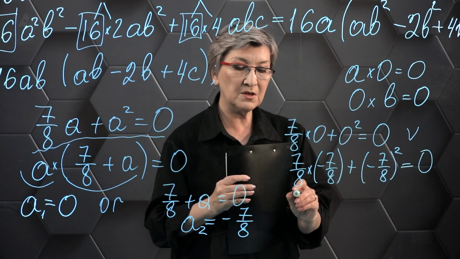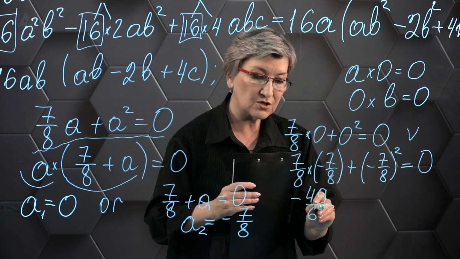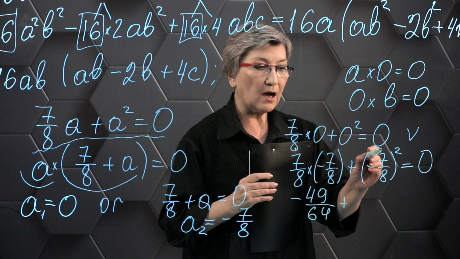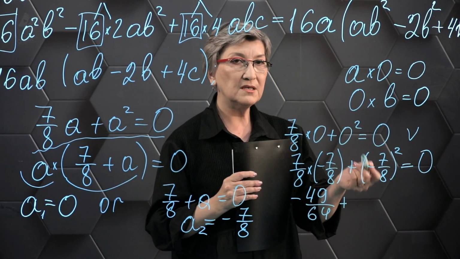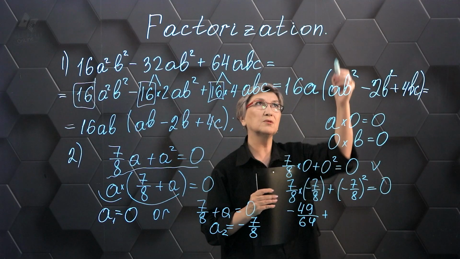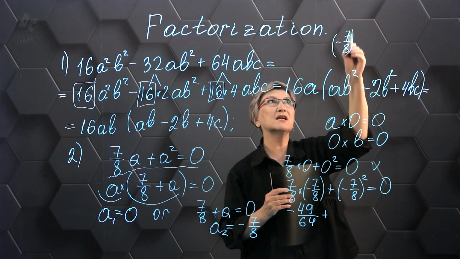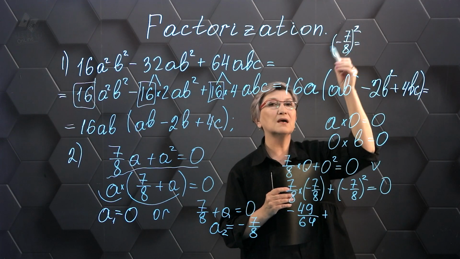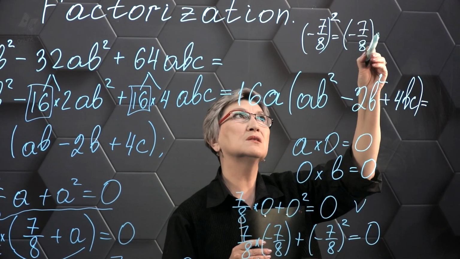7/8 multiplied by negative 7/8 equals negative 49/64. Now negative 7/8 squared. Pay attention to the sign. What will the outcome be? Negative 7/8 squared. What does this mean? It is negative 7/8 times negative 7/8.